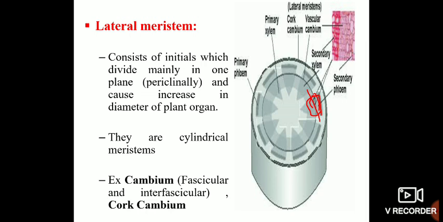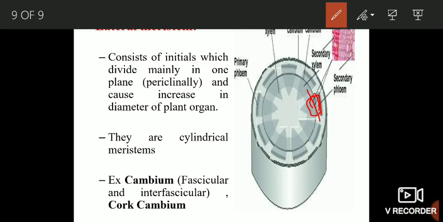The lateral meristems, they are cylindrical meristems. Here you can see this is the cambium, this is cylindrical in shape, this is circular in shape. Okay, and there are a number of examples. I will just quote only two examples.